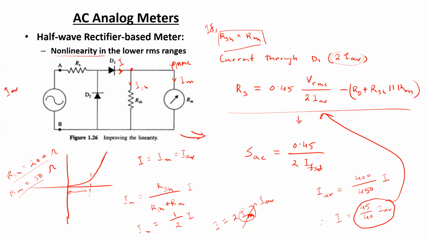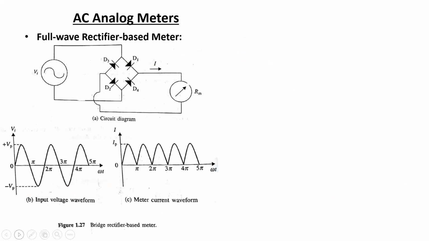Now, lastly, apart from the half-wave rectifier-based meter, a full-wave rectifier-based meter can be considered as well. So here, the same PMMC meter movement mechanism can be used, and from the supply, through a bridge rectifier, the rectified current I can be passed to the PMMC.